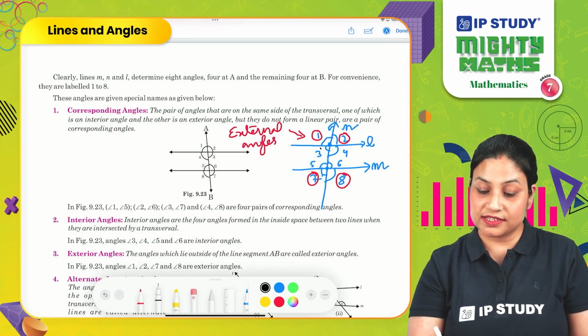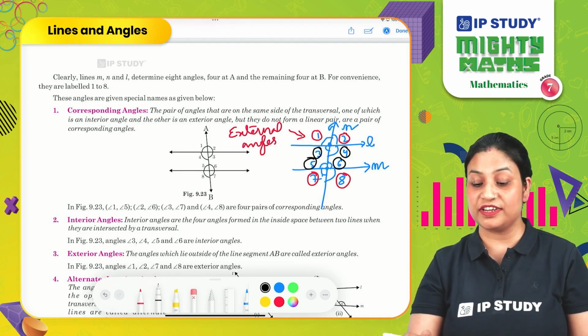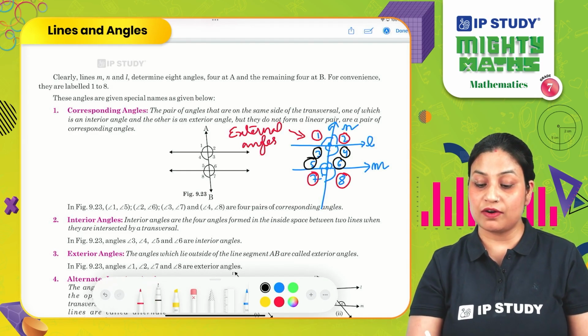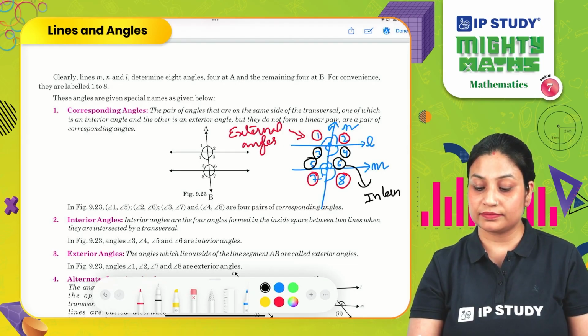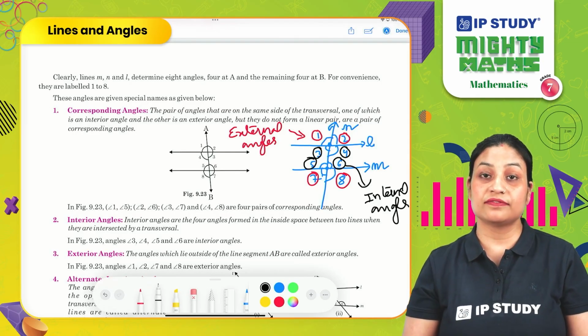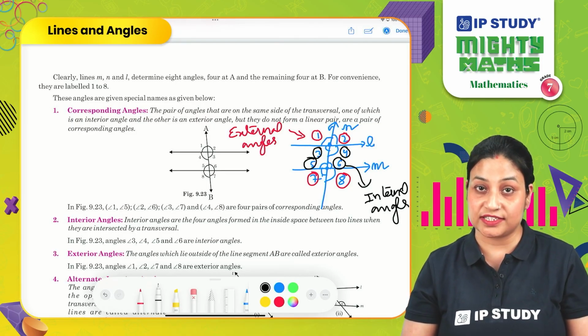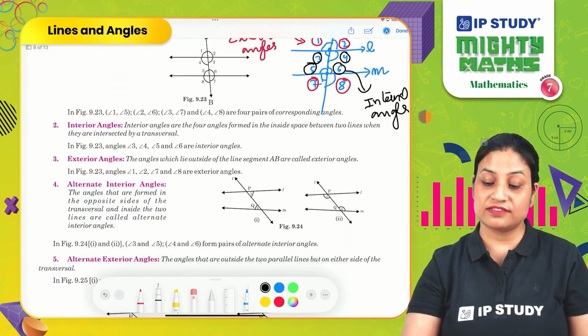Can you see angle 3, angle 4, angle 5 and angle 6? As these angles are formed between the two parallel lines, we call them internal angles. So we got external angles and internal angles whenever a pair of lines is cut by a transversal at different points, right?